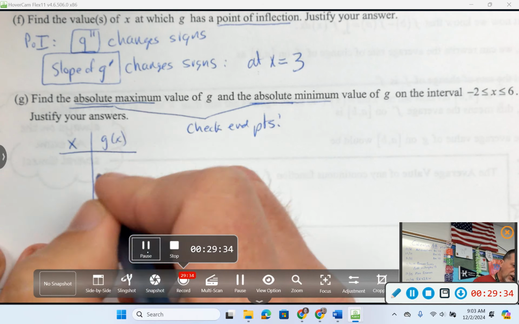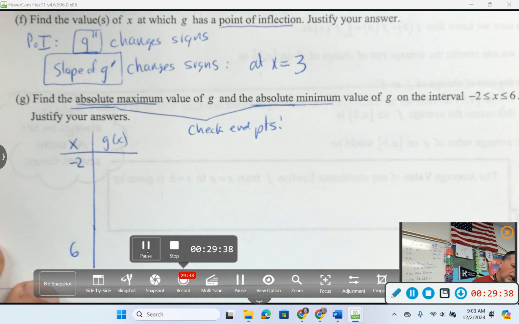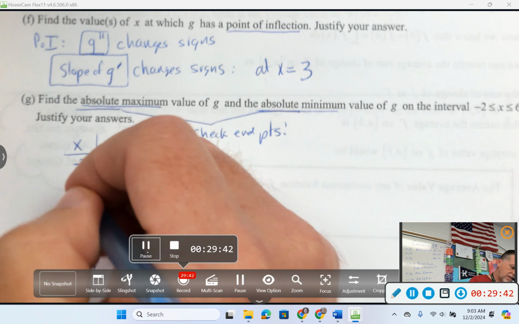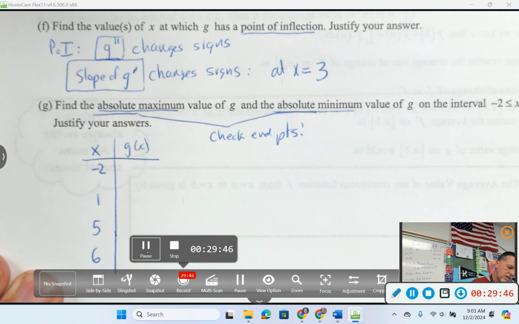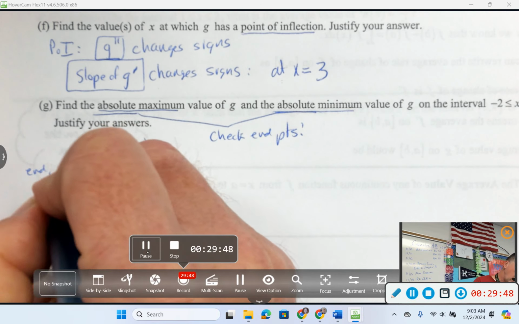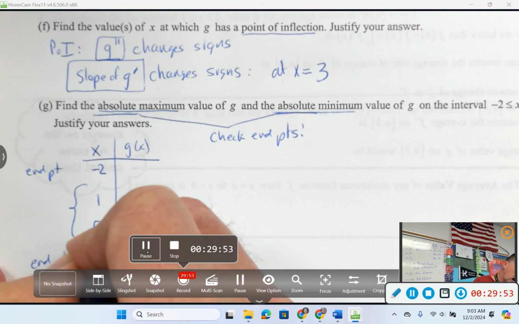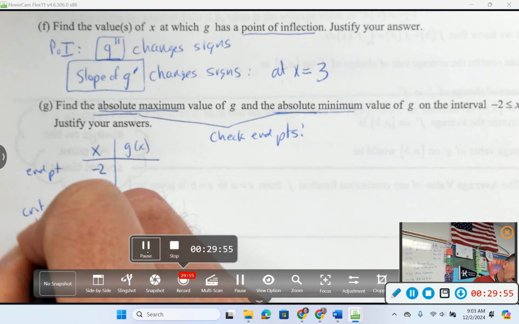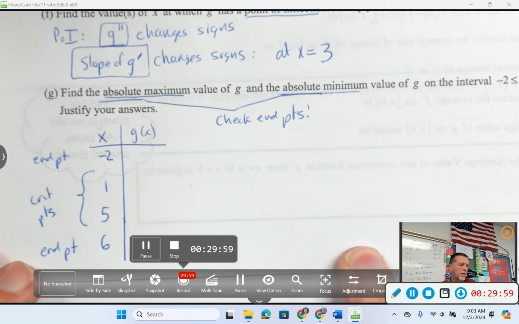So I definitely want to check the endpoints, negative 2 and 6. And the critical points we already found, 1 and 5, because they already asked me about relative mins and maxes.